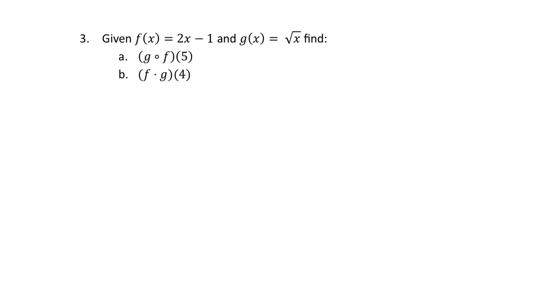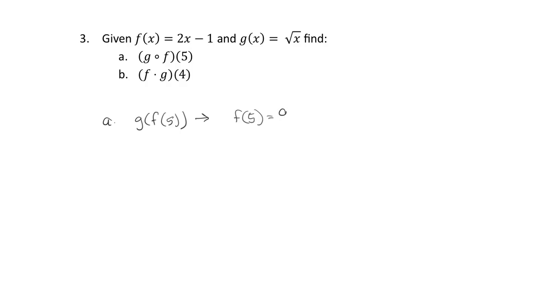So for part A, this is g of f of 5. So the input of 5 is only the input for the f function. So the first thing they're going to do is find f of 5. F of 5 here is 2 times 5 is 10. 10 minus 1 is 9.